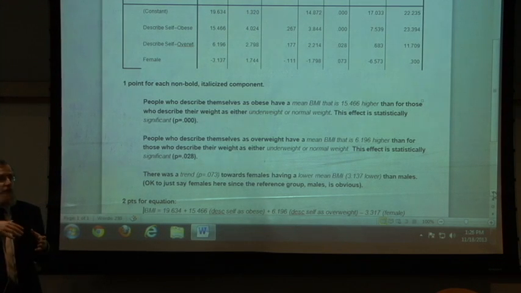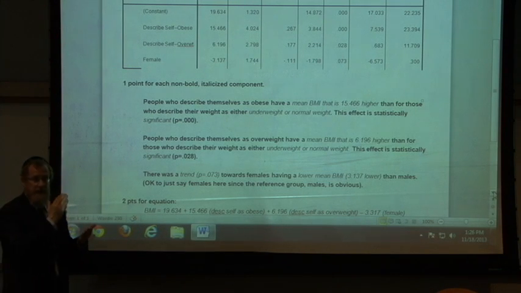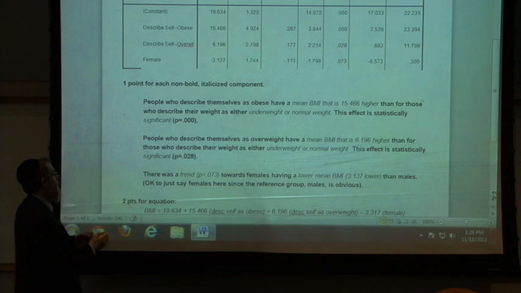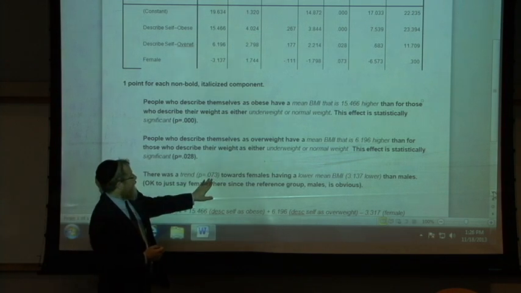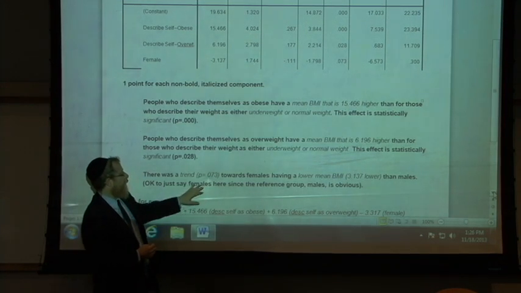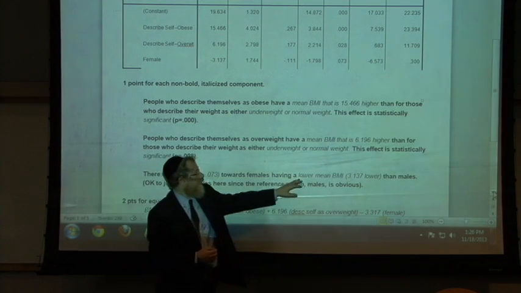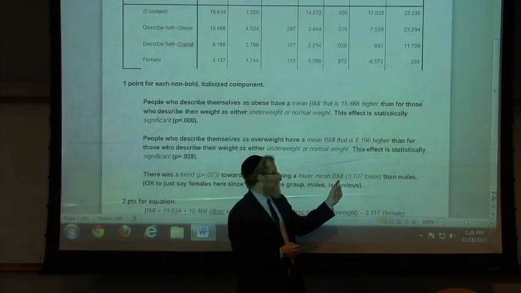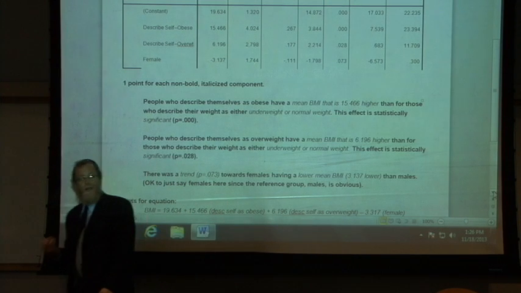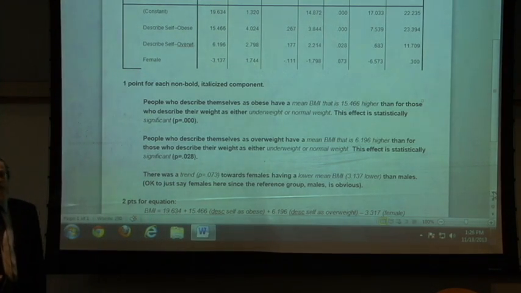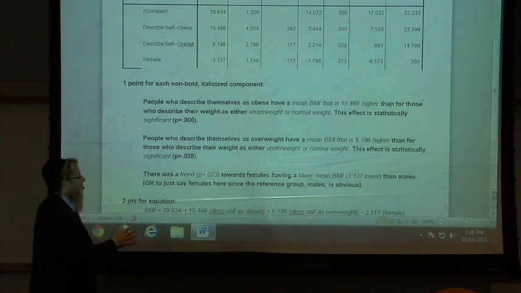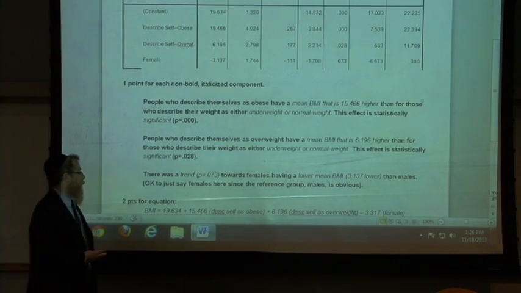It's something where there's still a fair amount of evidence to suggest that the alternative is true, but you're not quite at the point where we feel really comfortable saying, yeah, this is beyond reasonable doubt. So because the p-value is between 0.05 and 0.1, let's say there was a trend towards females having a lower mean BMI because the coefficient's negative, so they tend to have lower BMIs, on average about 3.137 lower than males.